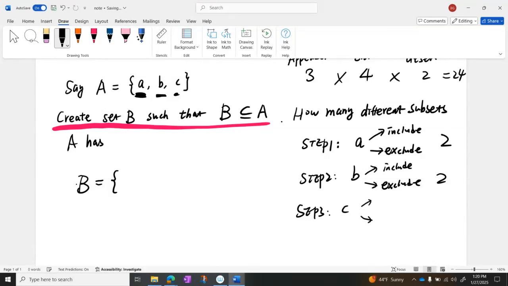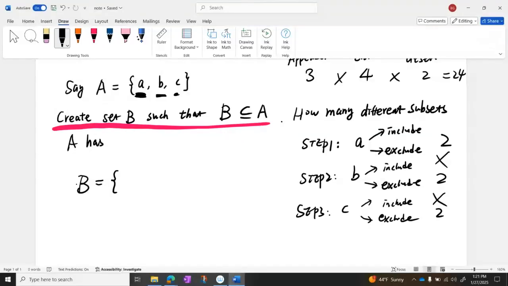For c, we also have two different options, either include c or exclude c, right? After I go through the 3 steps, I should have my subset B. Then you tell me how many different ways I can get this task done. How many different ways can I create subset B for A?